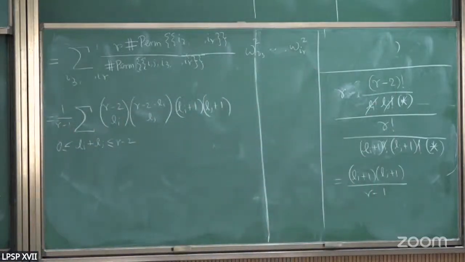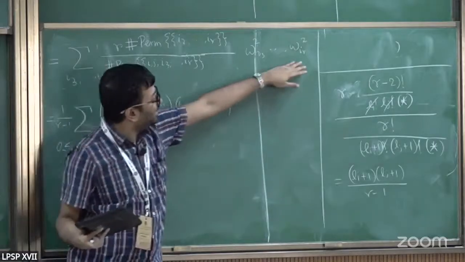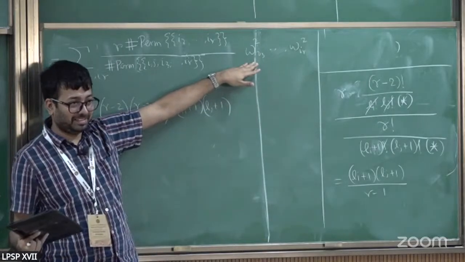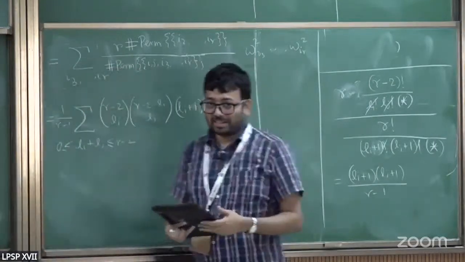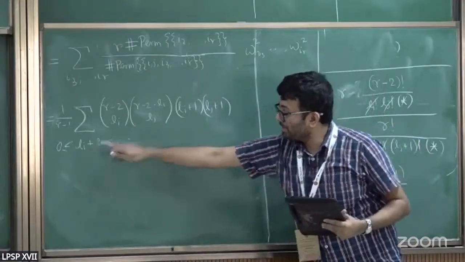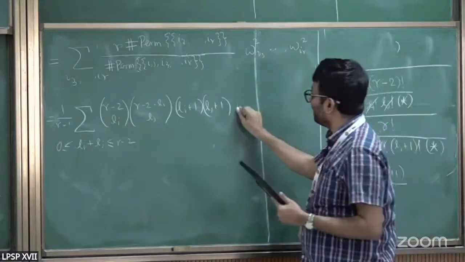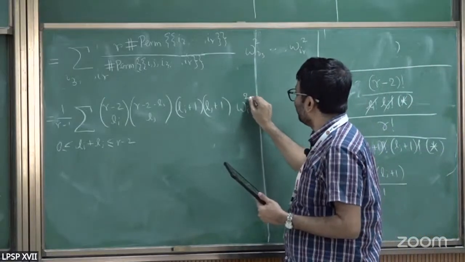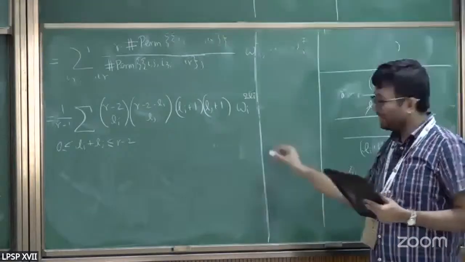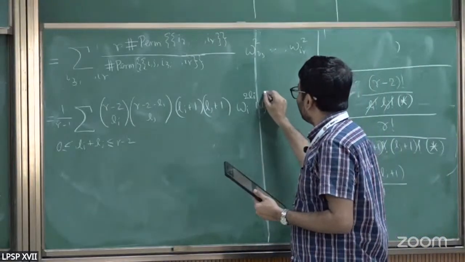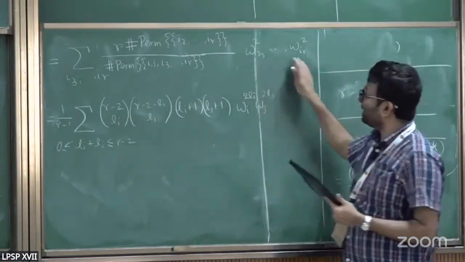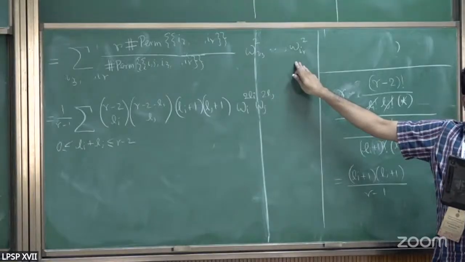What happens to this sum after I do this? I know there are Li many copies of I in these things, so I will get Wi to the power 2Li, Wj to the power 2Lj, and there is an unrestricted sum after that.